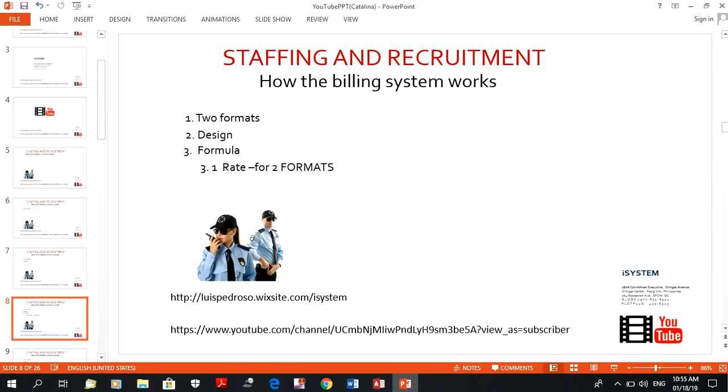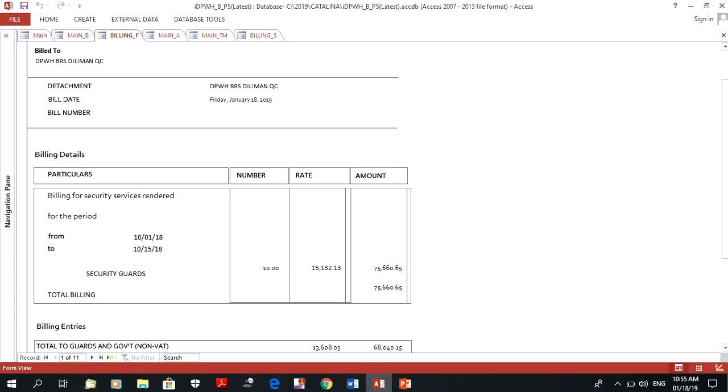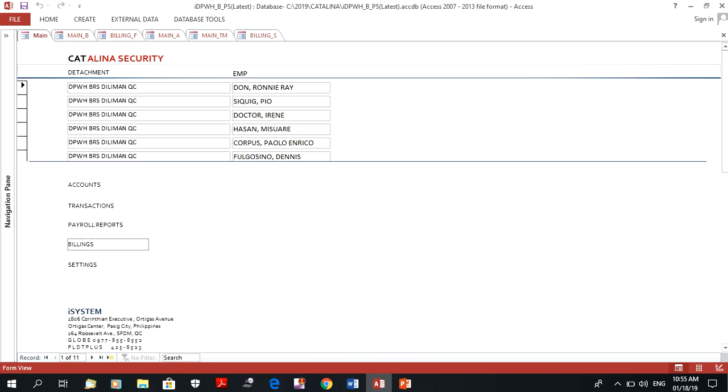So the next topic is, what is the rate of the two formats? Going back to the two formats, where do you put the rate? The rate is found in your settings.